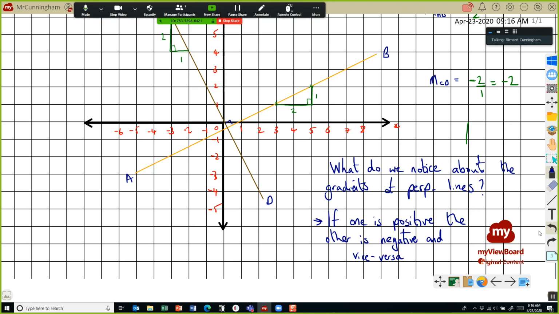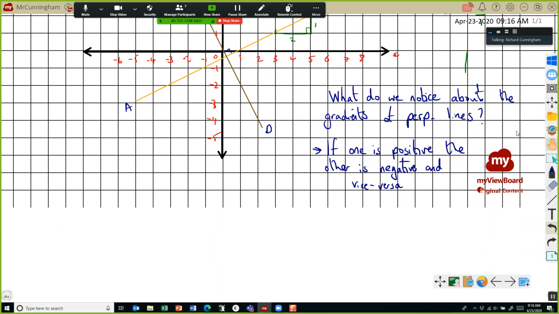So all I mean there is if one is negative, then the other is positive. And what else did we notice? We also noticed that the fraction is flipped.